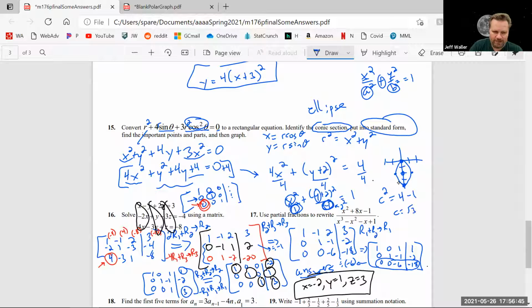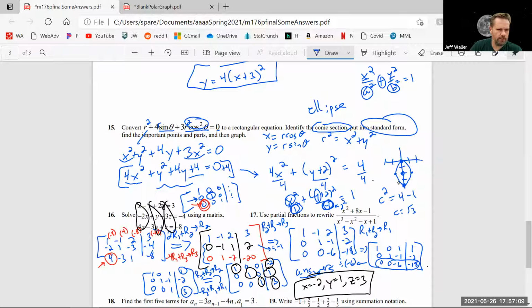So c is root 3, plus or minus. I'm not overly interested in the foci, but I'm just glad you know they exist. Because it says important points. Yeah, I'm with you. But I'll be more explicit on the final. Okay, thank you.